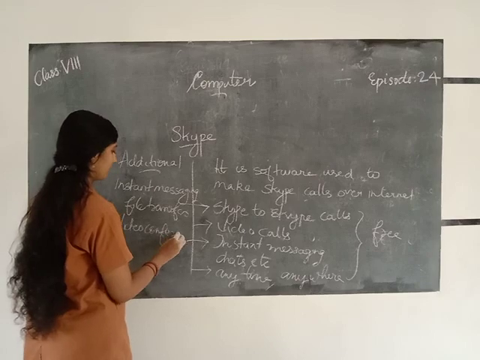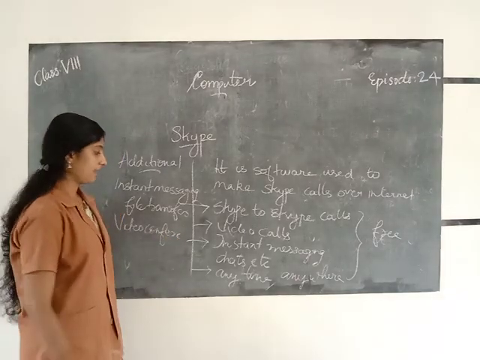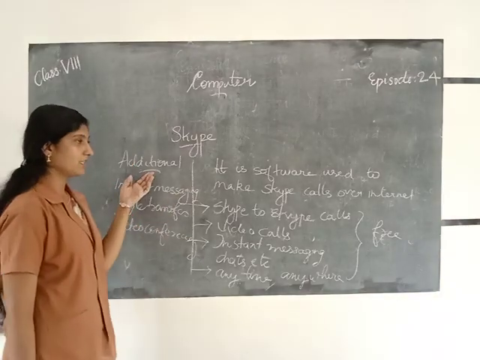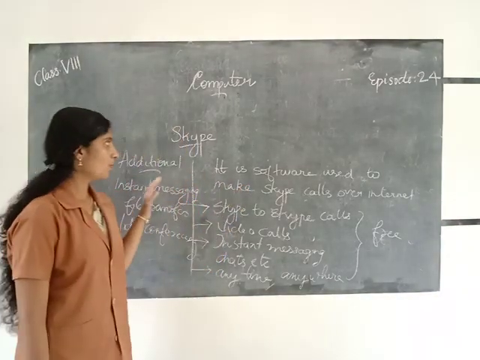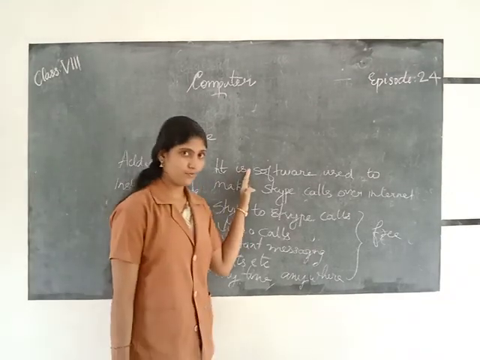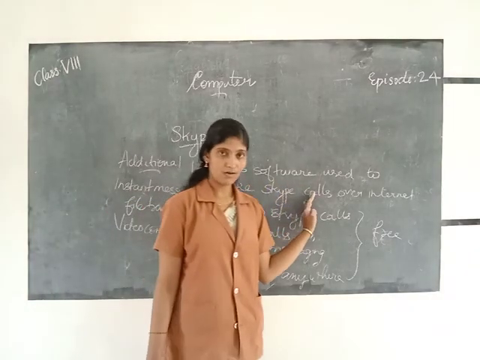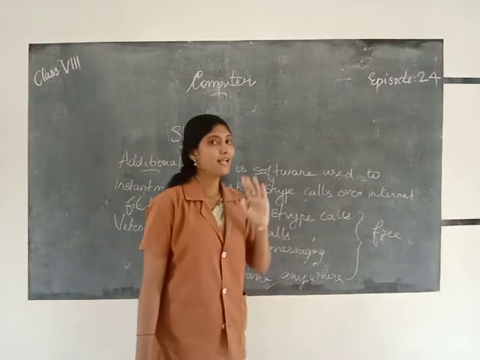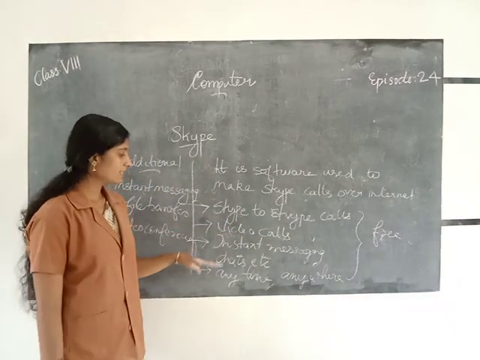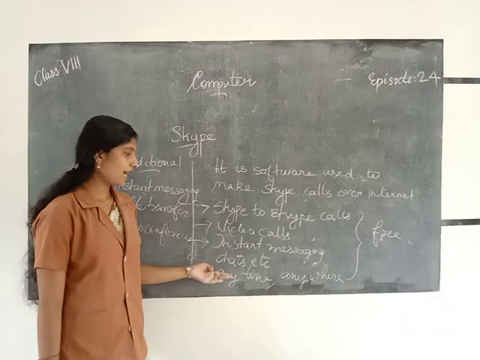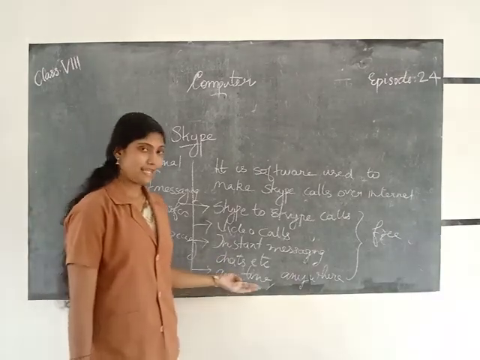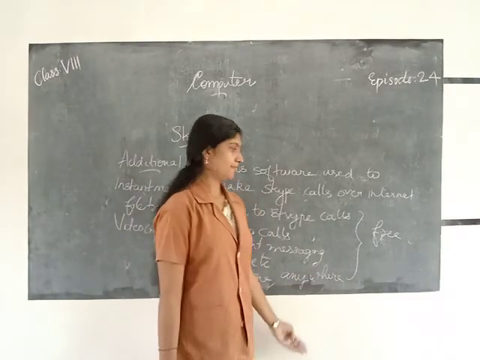If you write this question in examination, you can write all the features, the additional features and the main features. Once again, let me remind you, what is Skype? It is a software used to make Skype calls or calls over the internet, and the main features are Skype to Skype calls, video calls, instant messaging, chats to other contacts in Skype at any time, anywhere in the world.